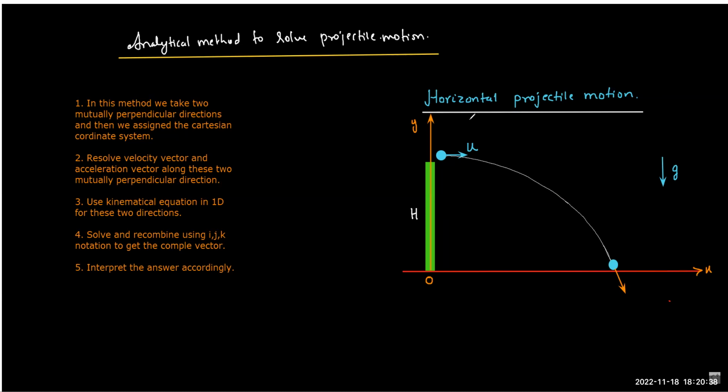But once you have taken the coordinate system into consideration, what is the next step? What is the next step going to be? So the next step is to think about position, velocity, and acceleration only in these directions.